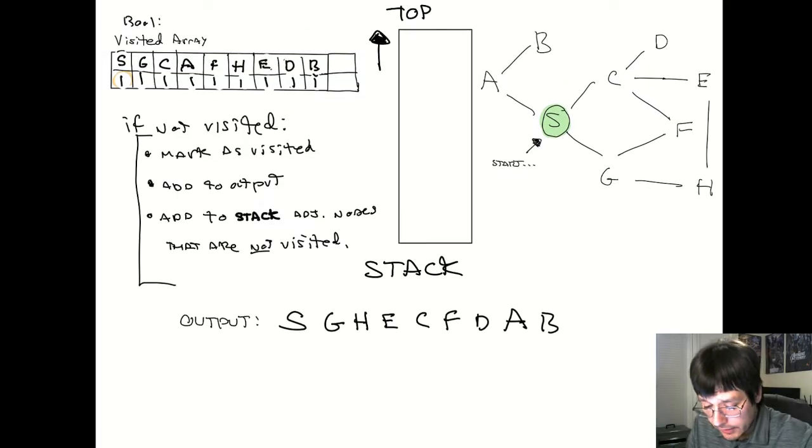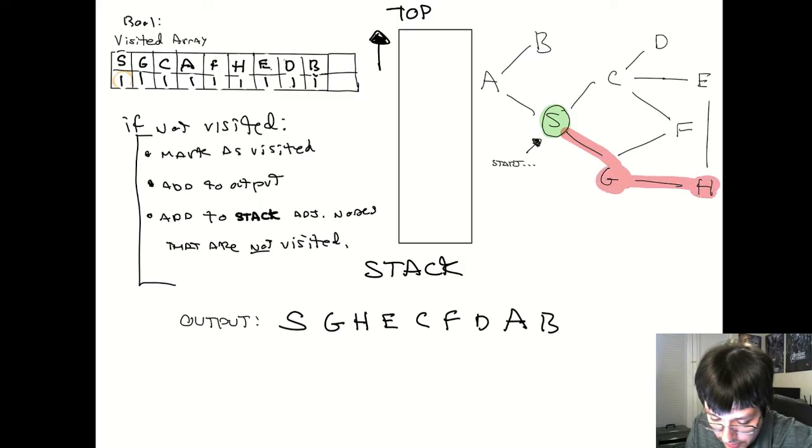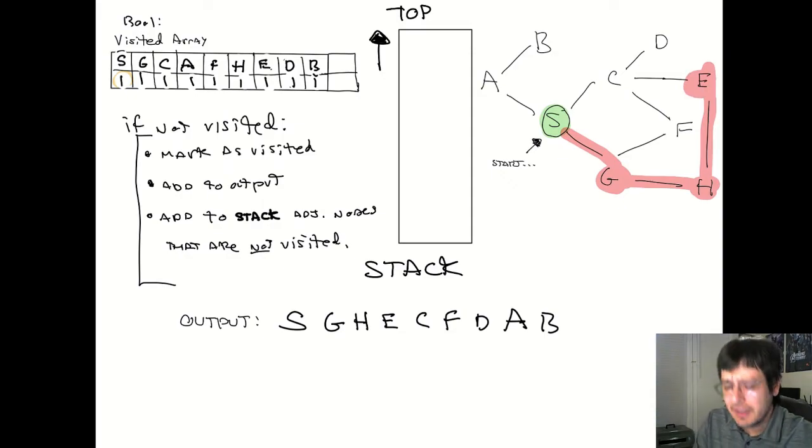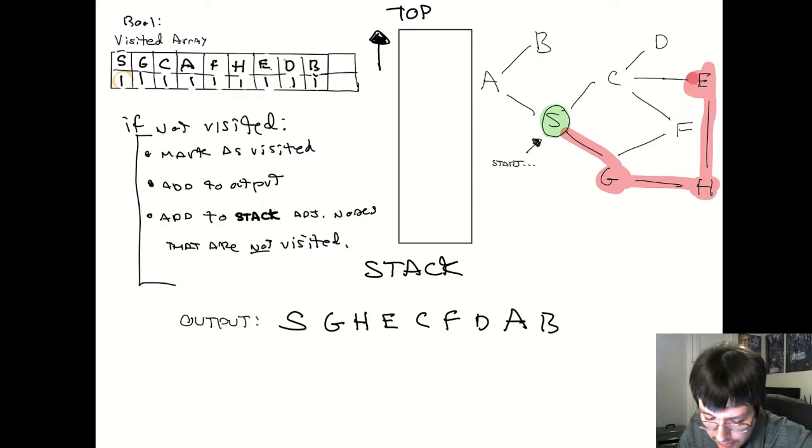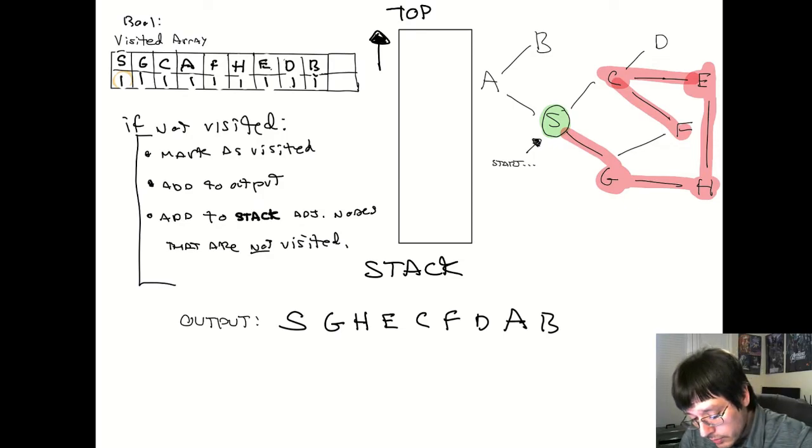Let's see what this looked like. So it basically went from S to G, G to H, H to E, E to C, from C it went to F, from F it went to D. So what happened here was the algorithm tried probably to go to G, but of course that was already there, so it went back.